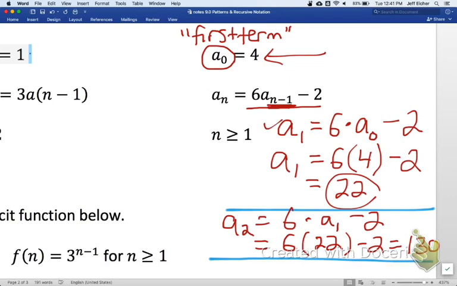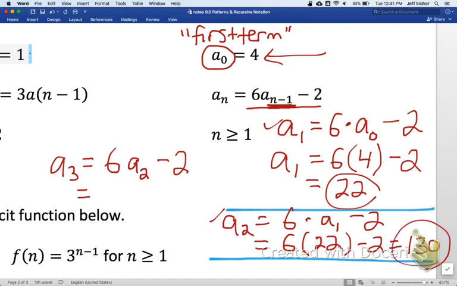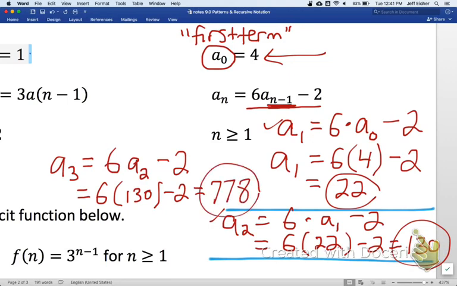And then lastly, so we got 1, we got 2, we just need a third term. And I guess I'll write it over here. Our third term would be 6 times our second term minus 2. So our second term we just found was 130, so 6 times 130 minus 2, and that would equal 780 minus 2, so 778, I think.